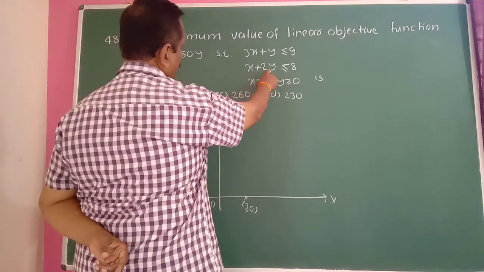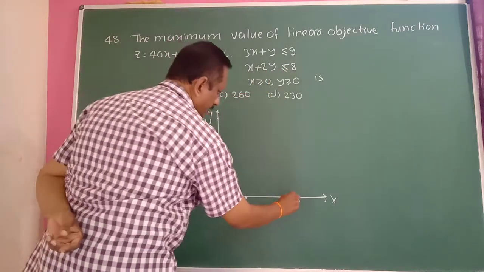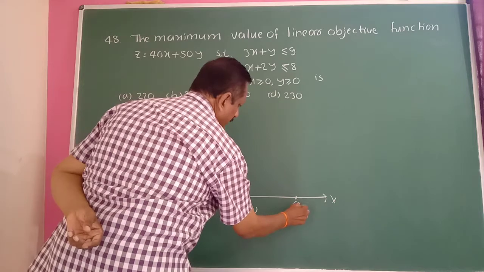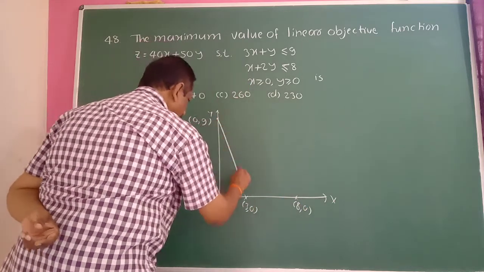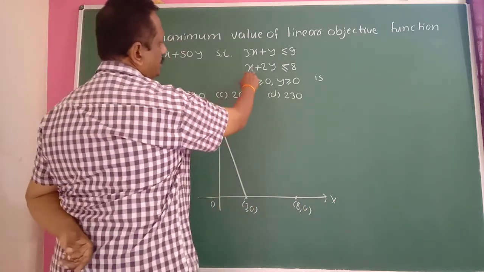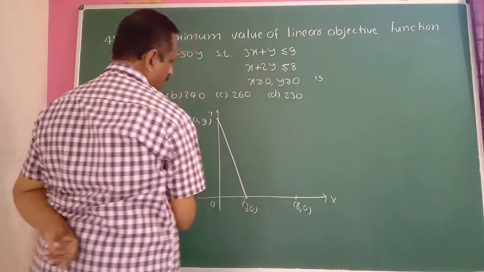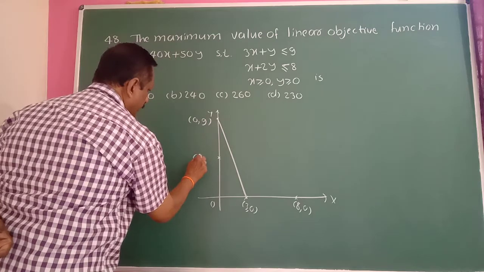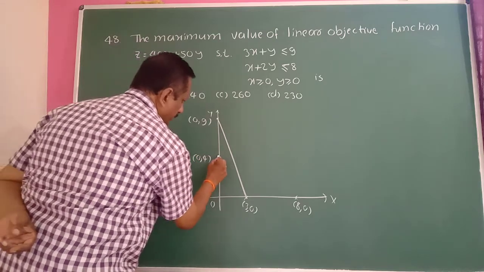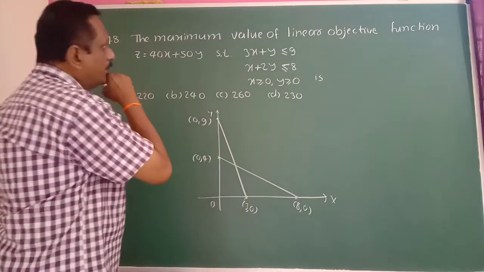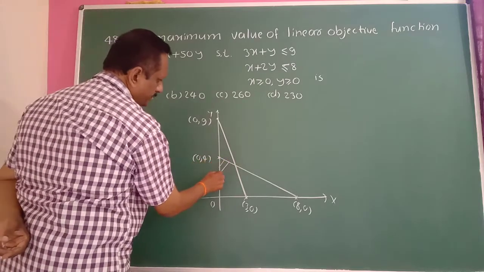Put y 0, x equal to 8, so (8, 0). Then put x 0, y is equal to 4, so (0, 4). Join it here. And both are less than, so the shading is below.